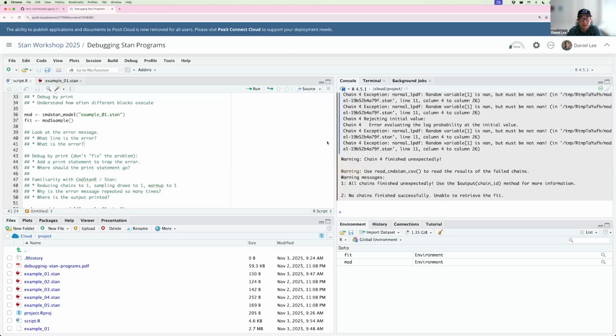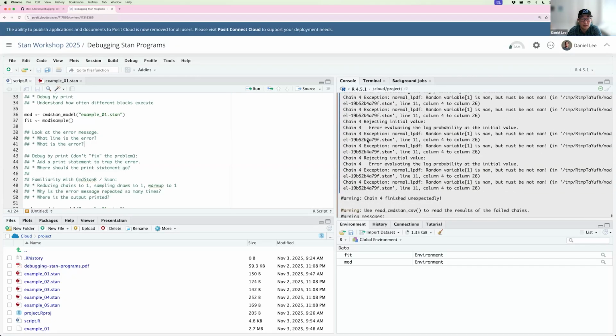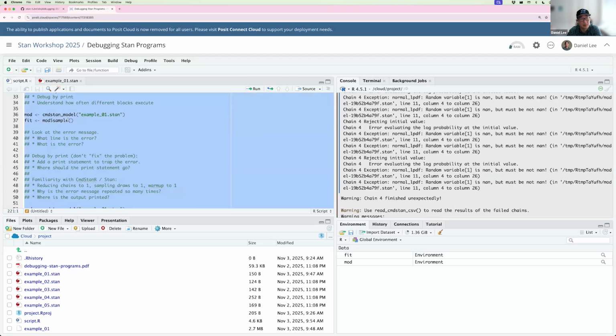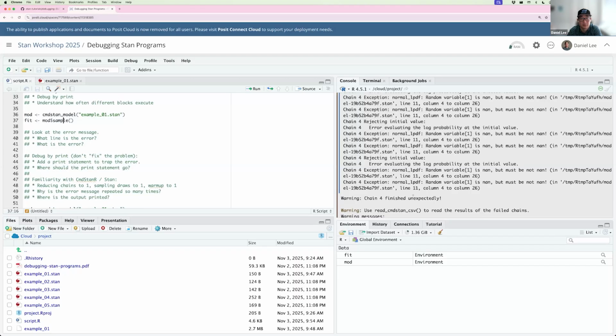All right. So what we're seeing here is, when I run mod sample, it's running each of the chains in serial. So there are 4 chains by default. It's telling me that there's an exception that happened. So this is sort of like a prefix for chain 4.